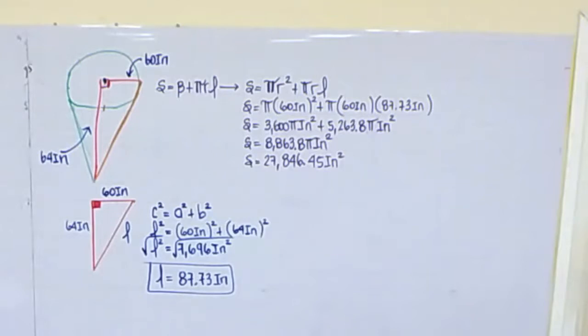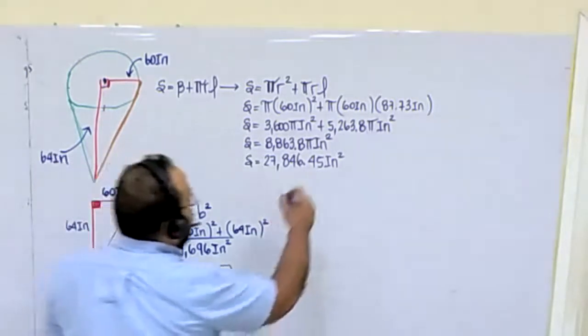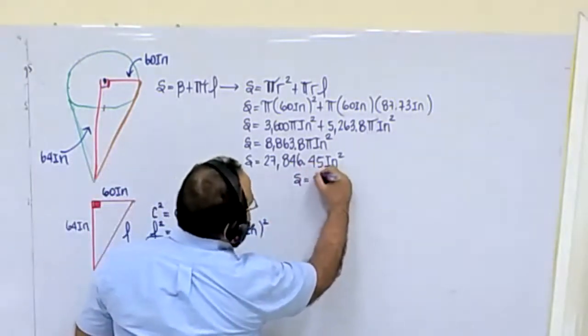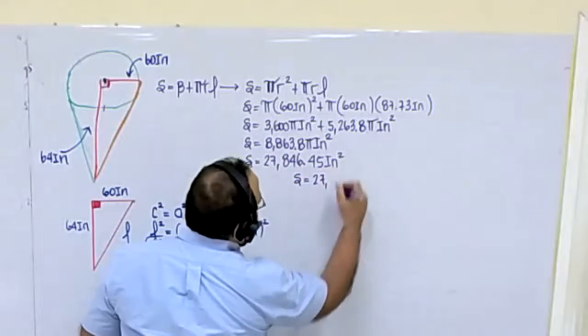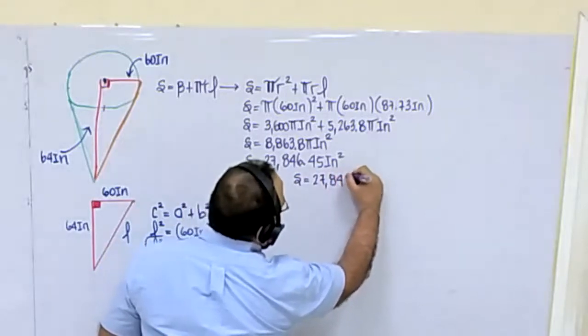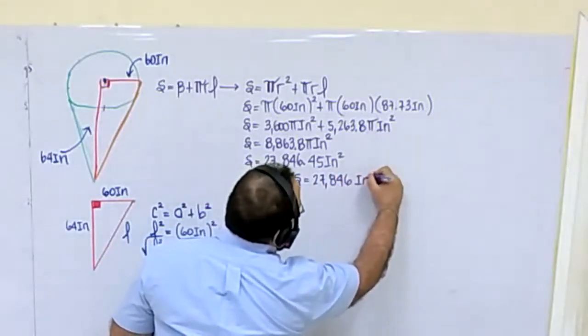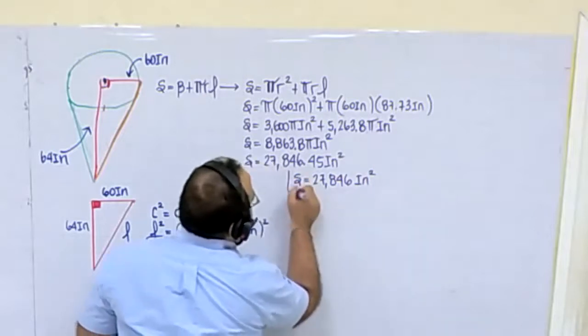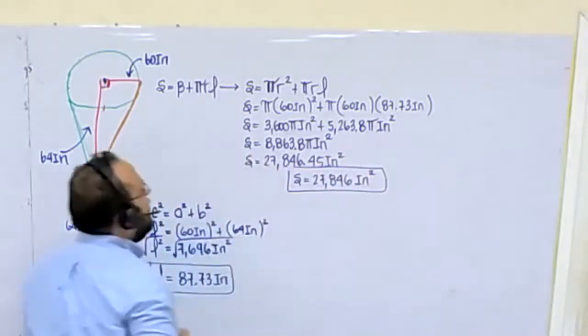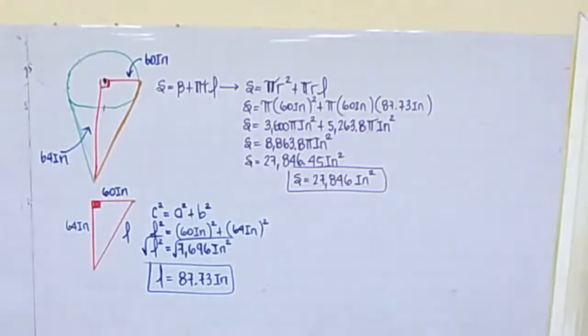If you don't have those numbers, in this situation we leave the answer as 27,846 square inches, because the problem says round the answer to the whole number.